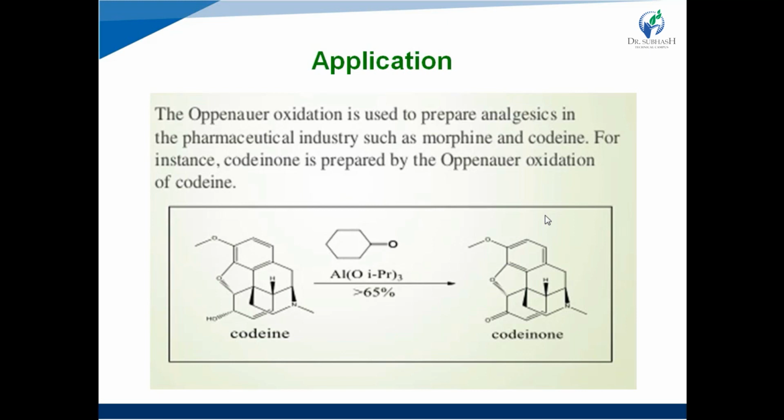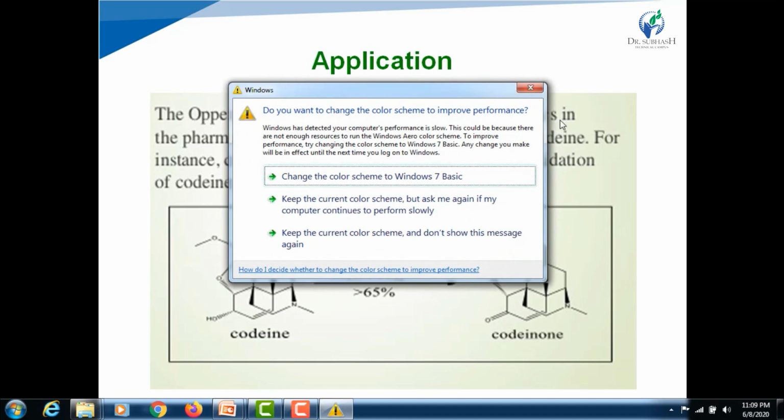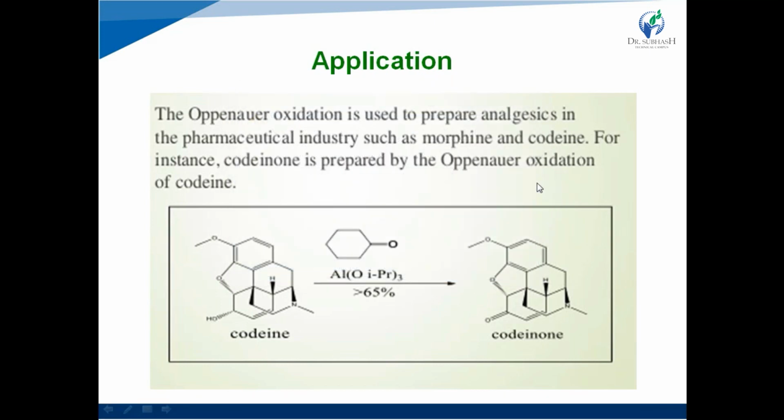For instance, codeinone is prepared by Oppenauer oxidation of codeine. See in the reaction, codeine undergoes this Oppenauer oxidation and forms codeinone. Here, the secondary alcohol group at the second position undergoes oxidation and forms the ketone group. The CHOH group is converted into C double bond O, that is a ketone group.